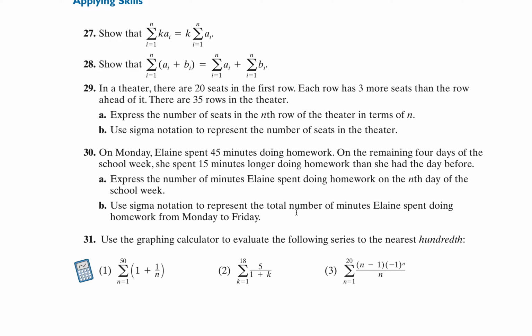So we have the following sum: 45 plus 60 plus 75 plus 90 plus 105 plus 120 plus 135. We've got 7 terms, starting from Monday to Sunday.